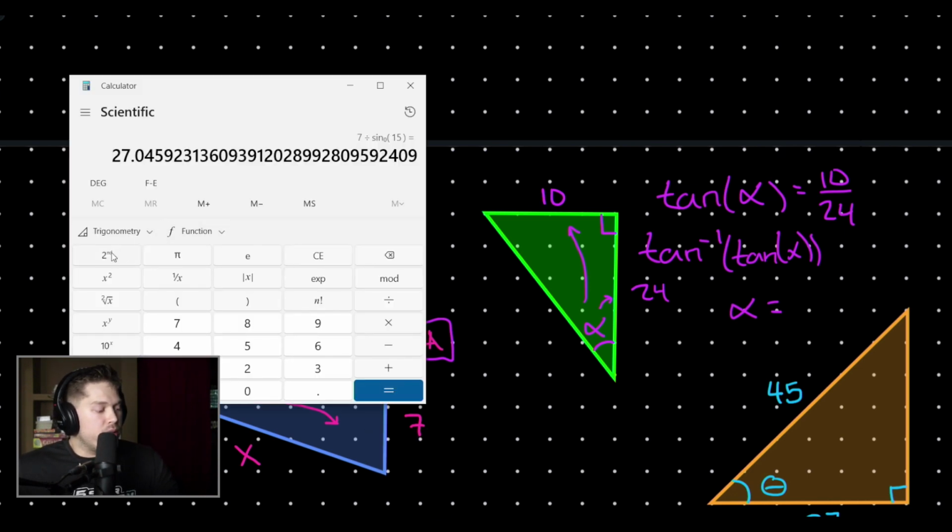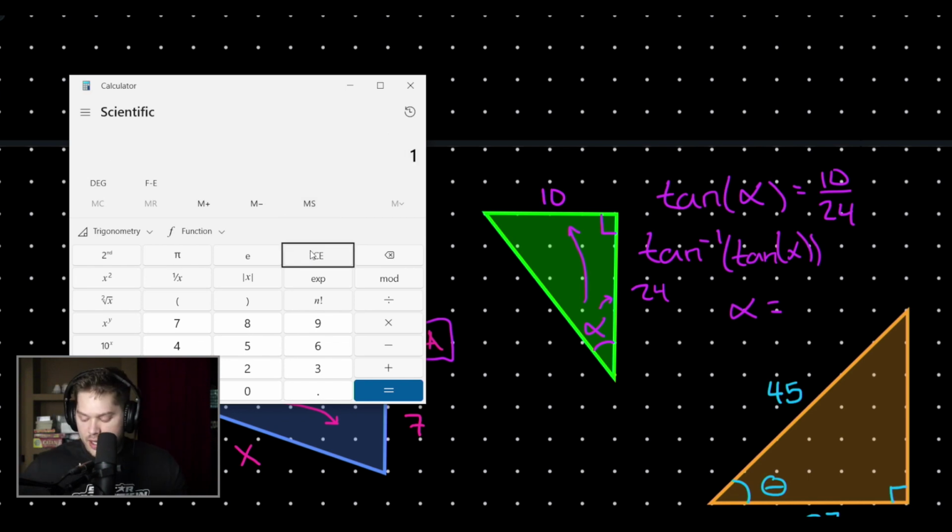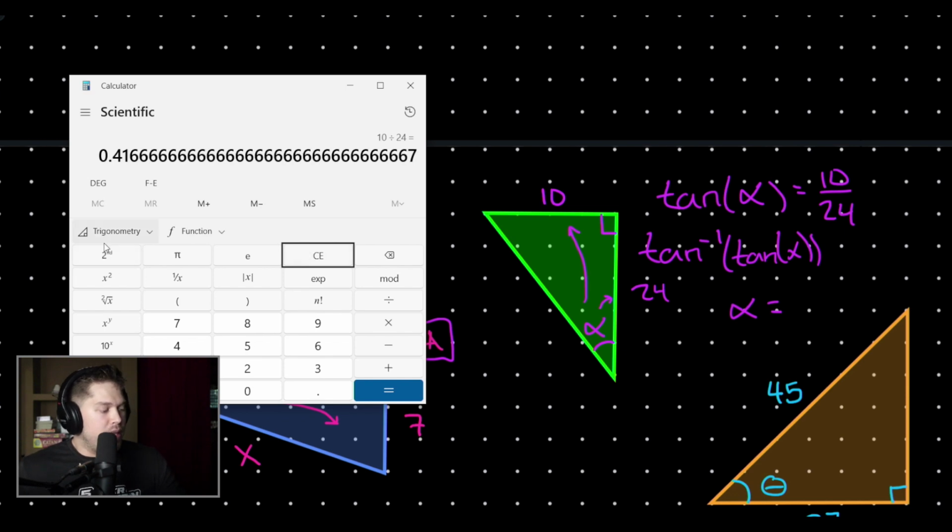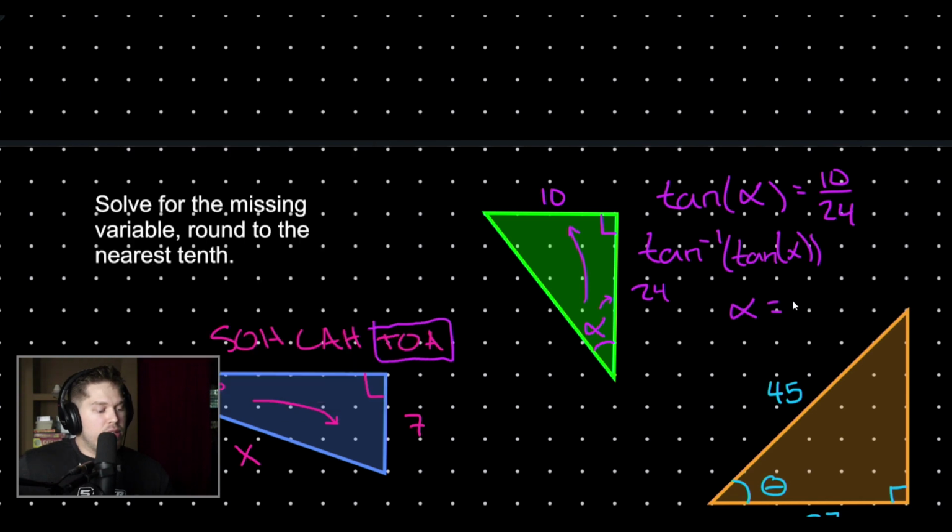And we can plug that into our calculator. 10 divided by 24 is 0.416 repeating. Let's do this again. 10 divided by 24 is this value, and then we put it into arctan, and we get 22.6. So alpha is 22.6 degrees.